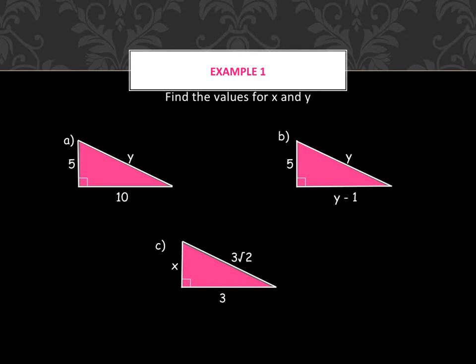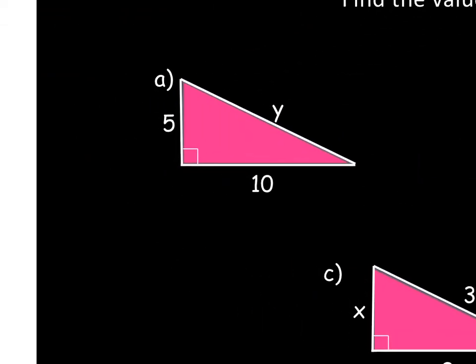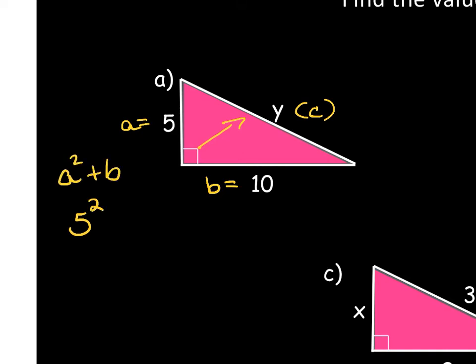So let's do the first example. Again, the side that's across from the 90-degree angle, this is really my C. This could be my A, and this could be my B. So I'm doing A squared plus B squared equals C squared. So 5 squared plus 10 squared, and I'll use the letter that's there, Y squared.